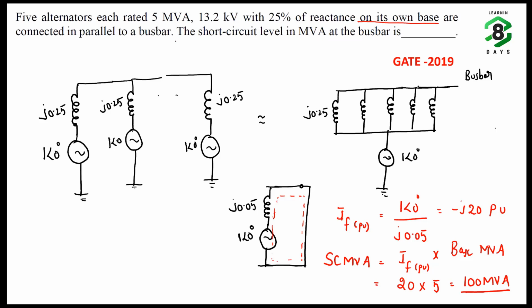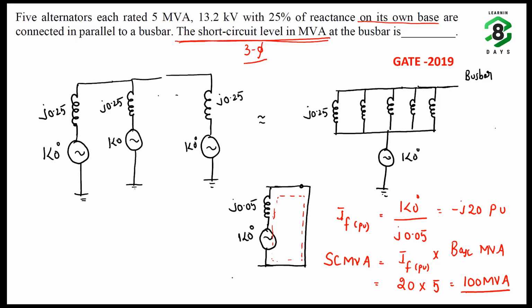Usually the short circuit MVA is calculated only for the 3-phase fault, because it is the most severe fault. The highest short circuit level you will obtain only for the 3-phase fault. So whenever he is asking you to compute the short circuit MVA, you have to simulate a 3-phase fault.